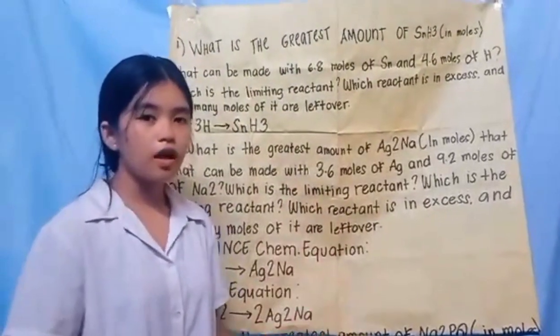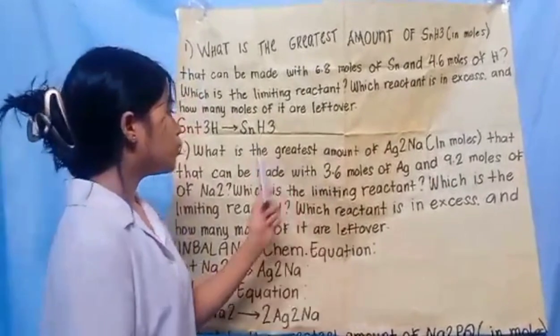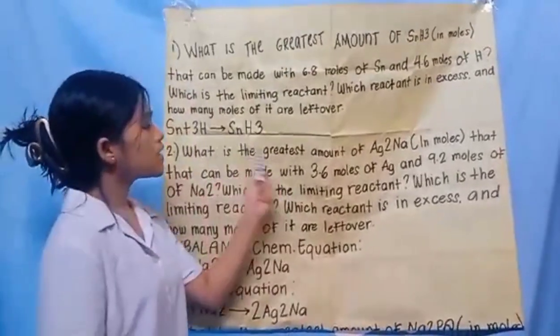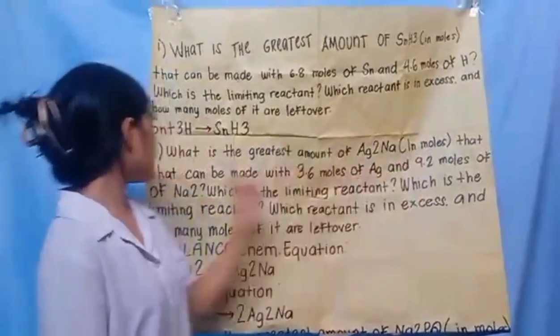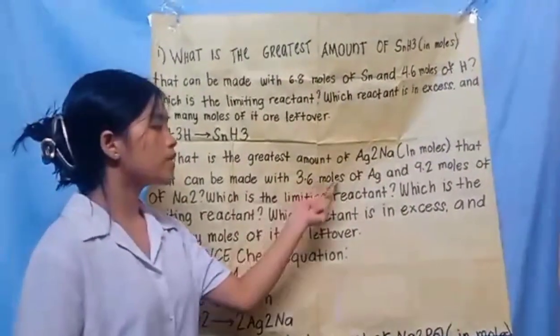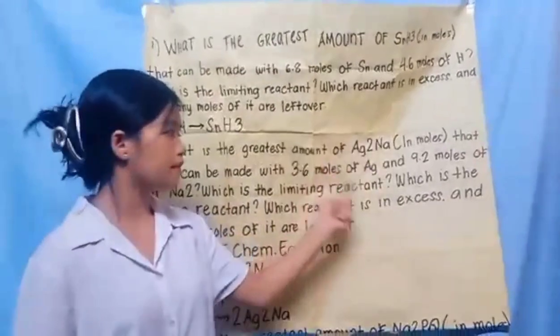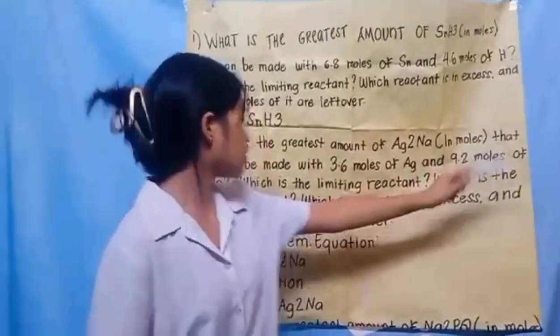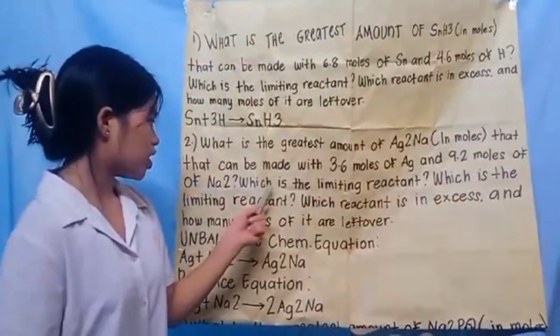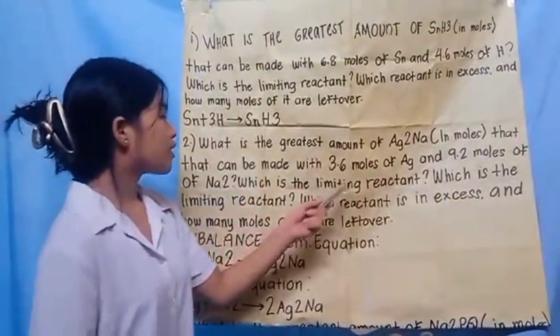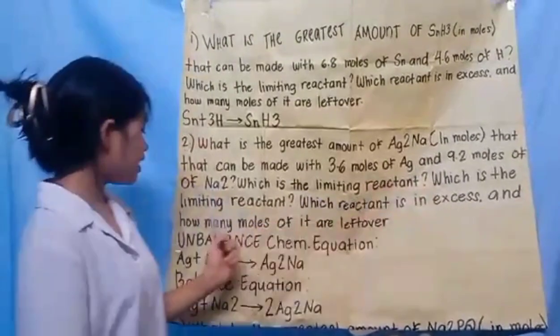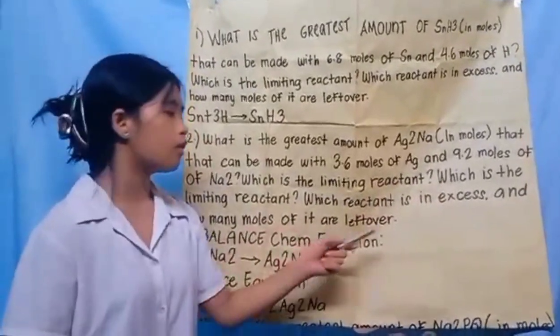So we have here our second problem. The question: what is the greatest amount of Ag2Na in moles that can be made with 3.6 moles of Ag, which is silver, and 9.2 moles of Na2, which is the limiting reactant, which is the reactant in excess, and how many moles of it are left over.